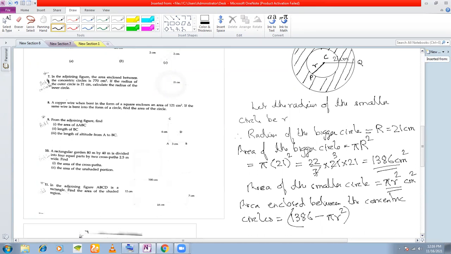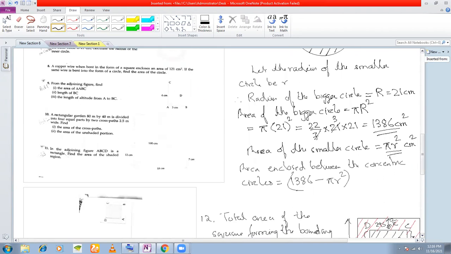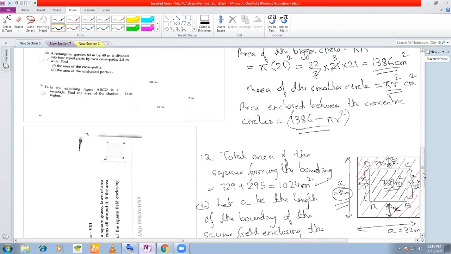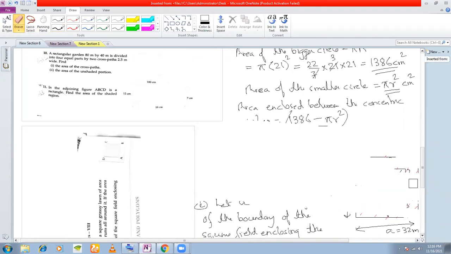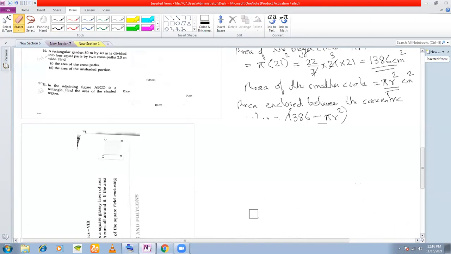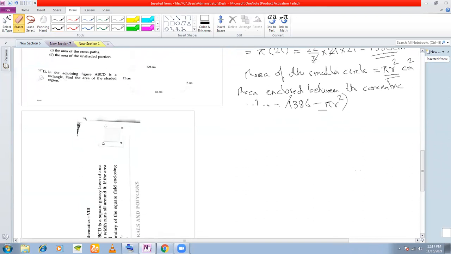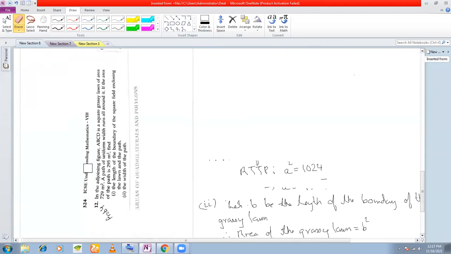Yes, sir. But what is the area of this part given? 770. So therefore, this part must be equal to 770, right? 1386 minus pi r square must be equal to 770. Anyone who disagrees? All understood?